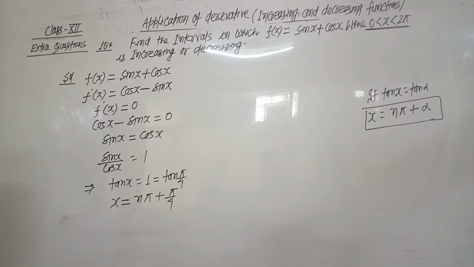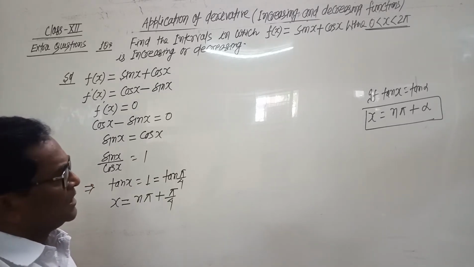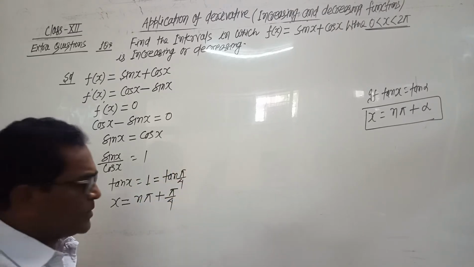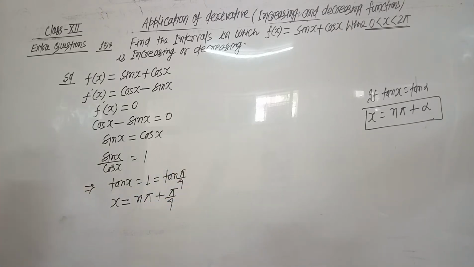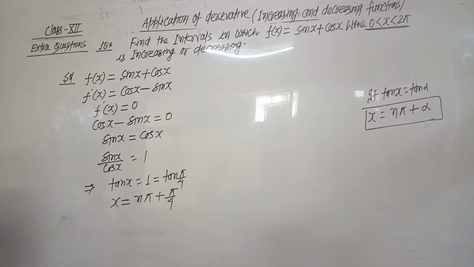Now we find the different values of x that lie from 0 to 2 pi. Because tan x equals 1, we have to find it from 0 to 360 degrees. From 0 to 2 pi means in all the quadrants.